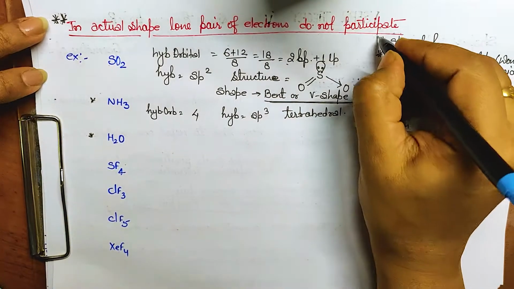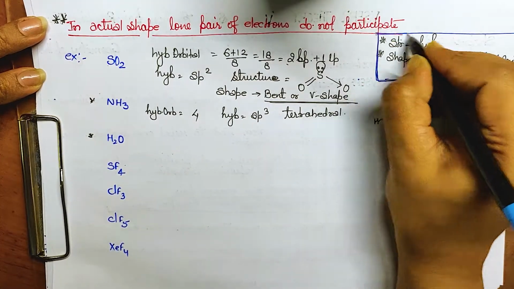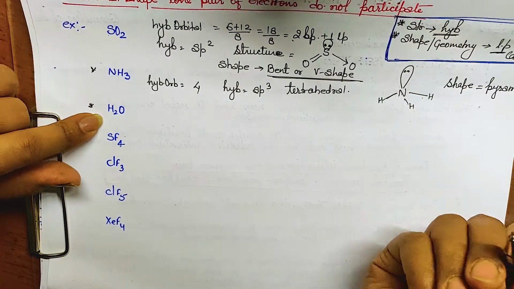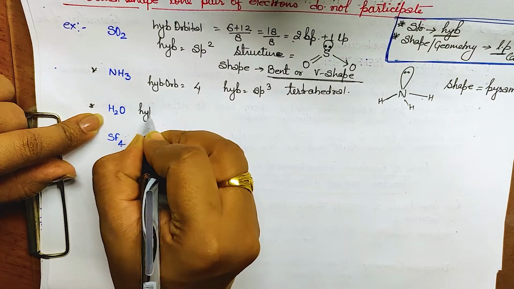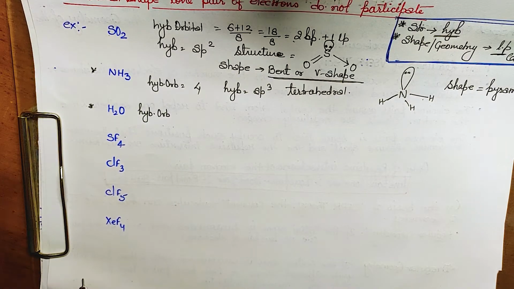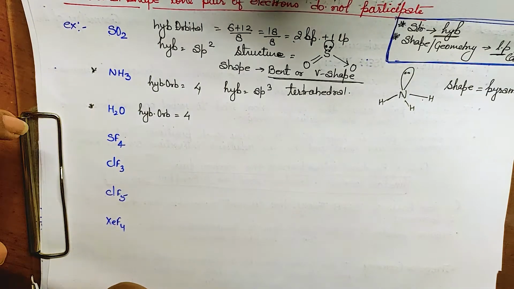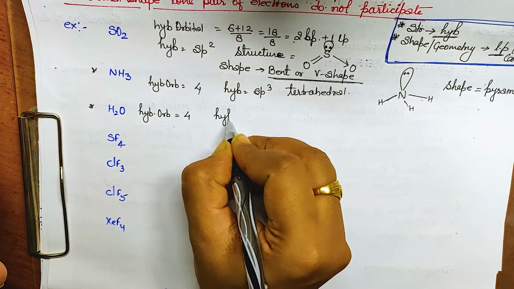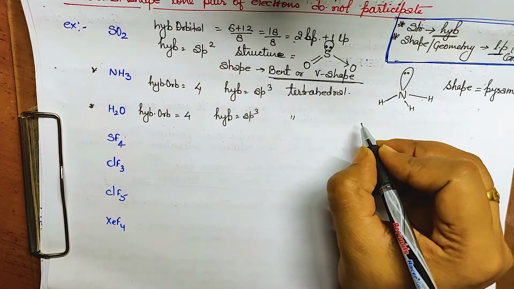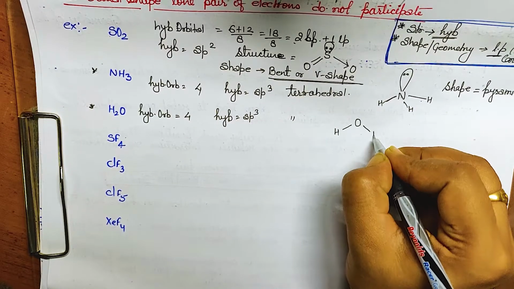And since this is an important point, let me keep it in a box. Okay. Now next, H2O. So let's do it the same way. H2O also has hybrid orbital 4. How? H is 2 and oxygen is 6, so 2 plus 6, 8, 8 divided by 2, it is 4 only, completely divisible. But it can make only 2 bonds, yes? So the hybridization will be sp3, and the structure will be tetrahedral, but if we draw the structure, see, this is oxygen, this is hydrogen, this is hydrogen, okay?